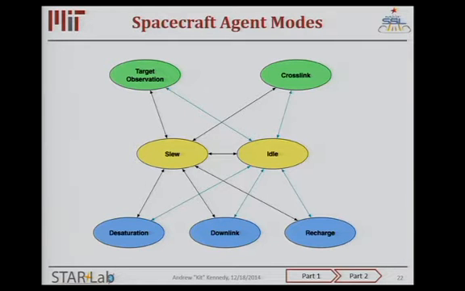And then finally, these two modes in the middle: slew is a way of representing that your spacecraft will be pointed at different attitudes for all these different activities, so you have to slew between different modes. And then idle is a lower resource utilization mode that can serve as a fill-in.